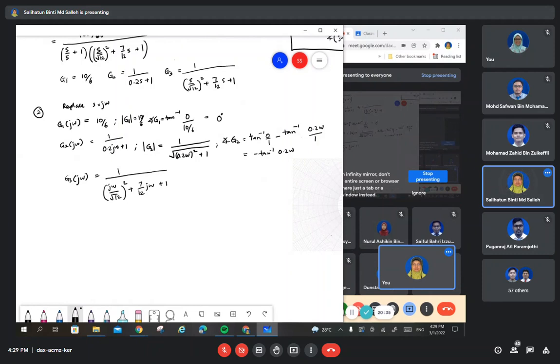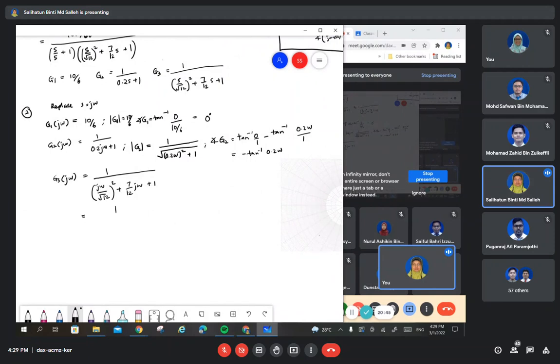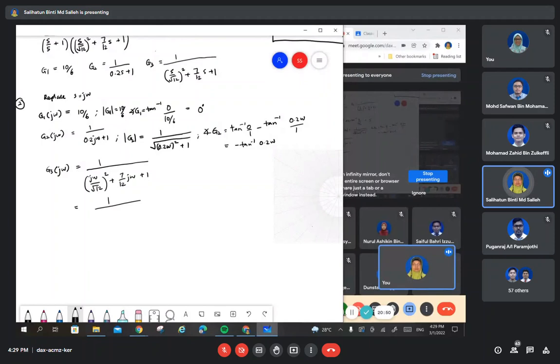This is not the magnitude yet. Then we know the imaginary and real part. So we have here negative 1 squared, so it's equal to 1, and then omega squared will become the real part, plus 1, plus 7. Here is the imaginary, this one is the real part.